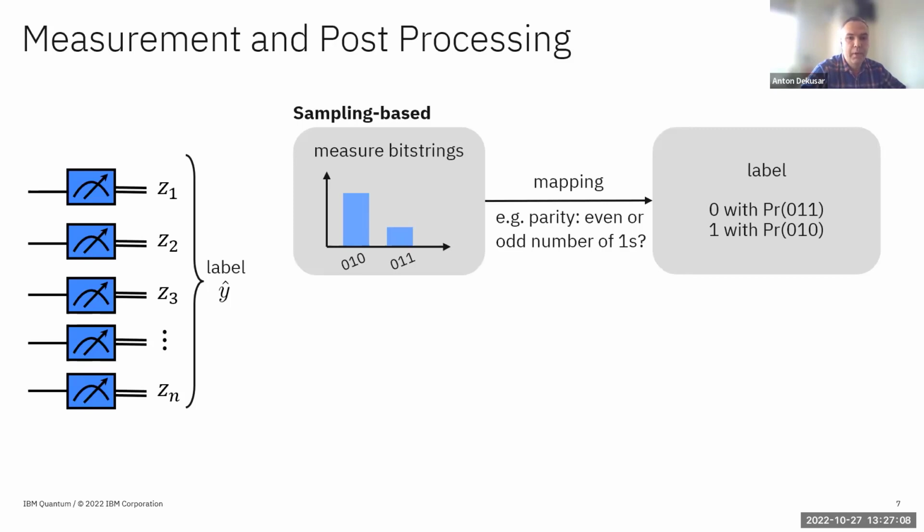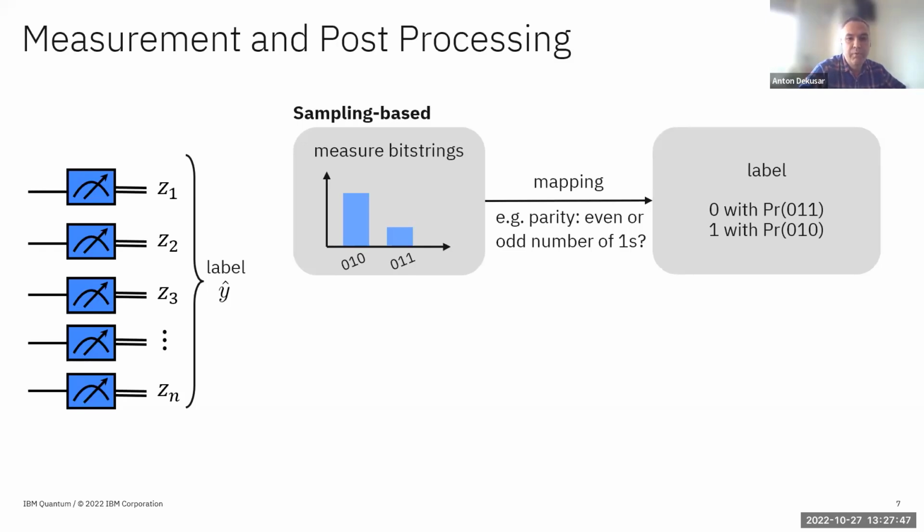We call these shots. Then you may come up with a distribution of such bit strings. As shown on the plot, we have more outcomes where we measured 0, 1, 0 rather than 0, 1, 1. Then we may just map the number of ones in this bit string to our label, to our class. For instance, if we have an even number of ones, we may say this is our dog on the image, right?